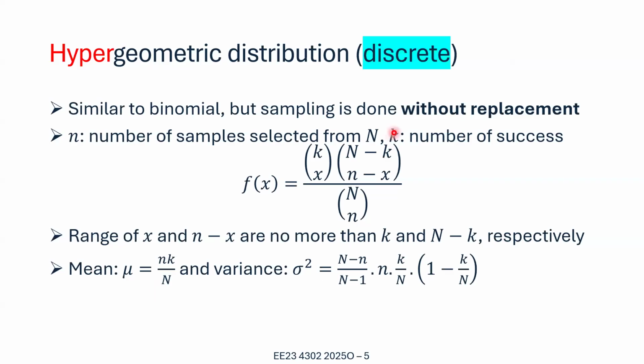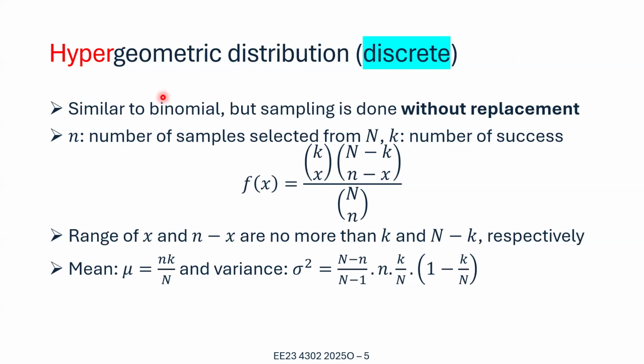So N is the entire sample or entire space, and n is how many samples that we get. And the variance here, sigma squared, is capital N minus n divided by capital N minus 1, times n times k per capital N times 1 minus k per N. So this is for the hypergeometric distribution.